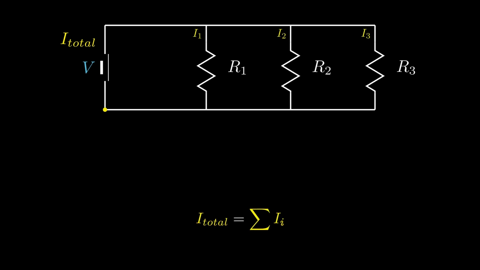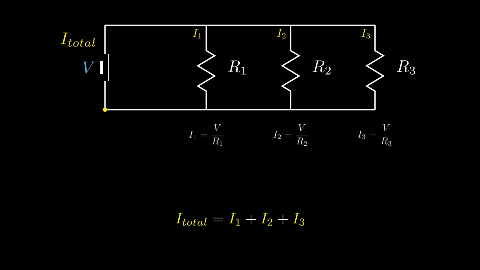What if we had 3 resistors in a parallel connection? This would imply that the initial current I splits into 3 currents for each path. By conservation of charge, this must equal the current leaving the 3 paths, leaving us to the result that the total current for resistors in parallel is the sum of the current in each path. Additionally, by Ohm's law, the current at each junction must be equivalent to the voltage divided by the resistance at that point.